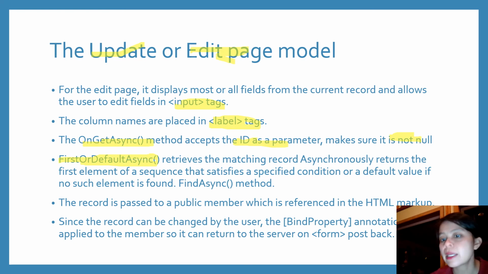It asynchronously returns the first element of a sequence that satisfies the specified condition, or, if it can't find that, a default value. The record is then passed to a public member, which is referenced in the HTML markup. Since the record can be changed by the user, the BindProperty annotation is applied to the member so it can return to the server on form postback.